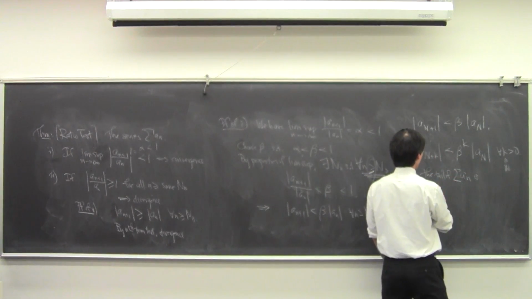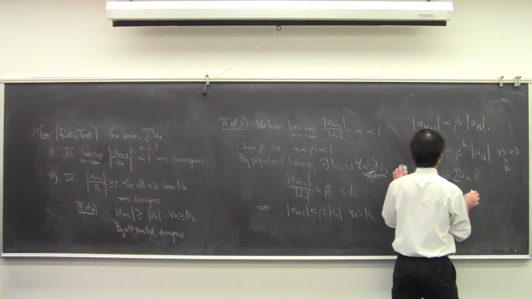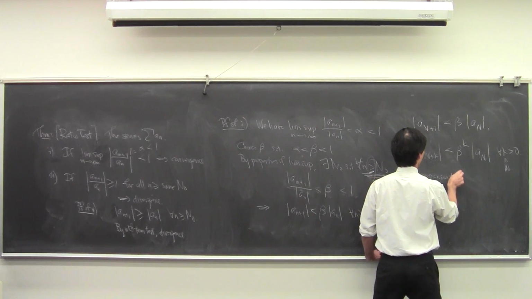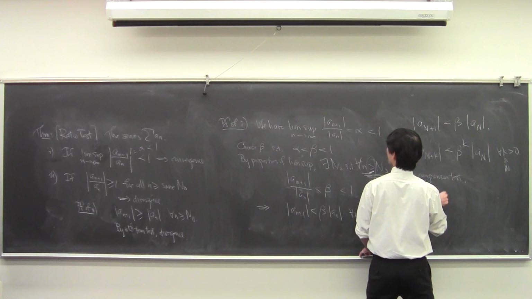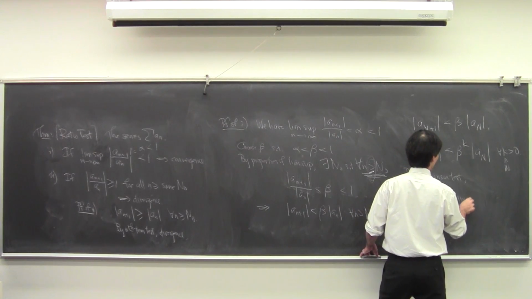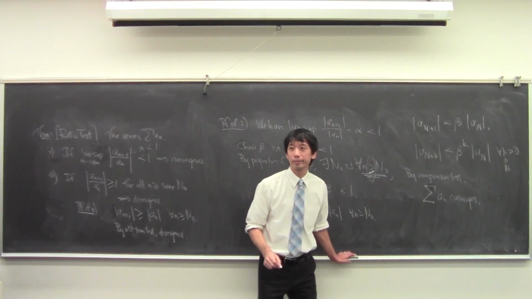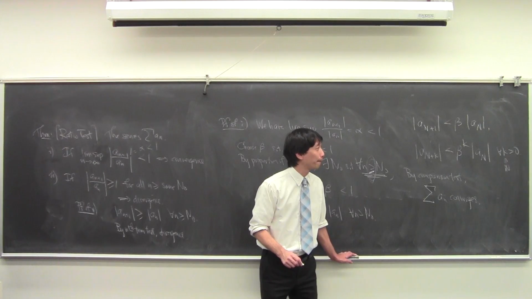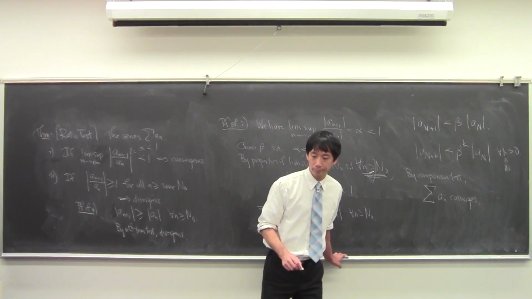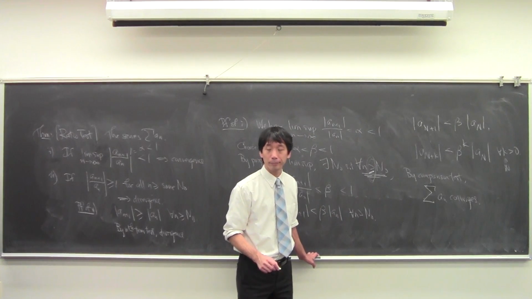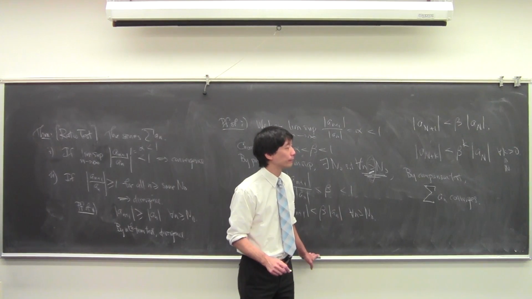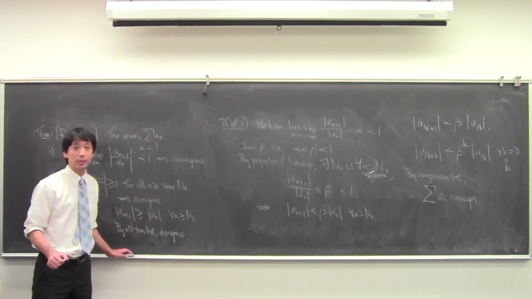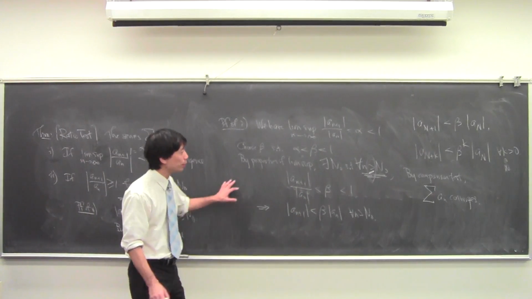It is dominated by it, so that's the point, by the comparison test, the summation of a sub n converges. Okay, so that's the root test, and you see that in both cases the lim sup is enough.